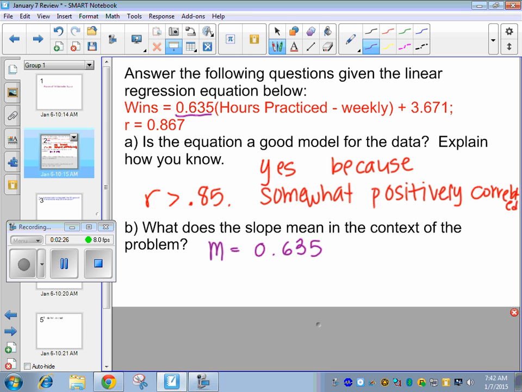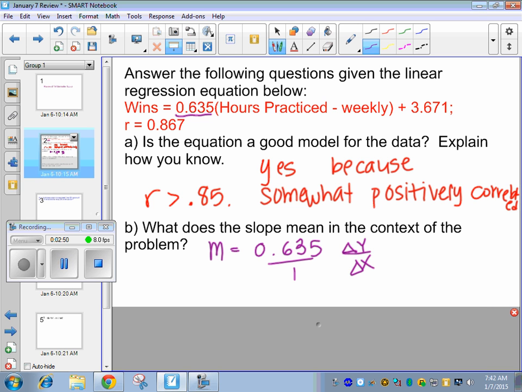So the wins, that's your output, is equal to 0.635, that's your slope, times the number of hours practiced weekly plus 3.671. So if we put this over 1, remember slope is always the change in y over the change in x. Okay, so who can tell me a sentence of what this actually means?